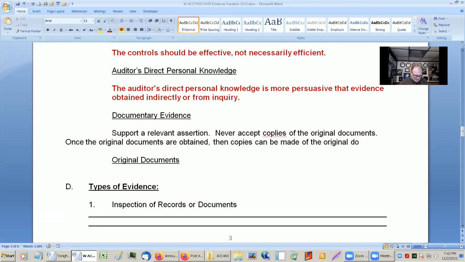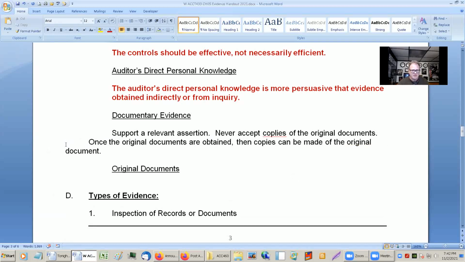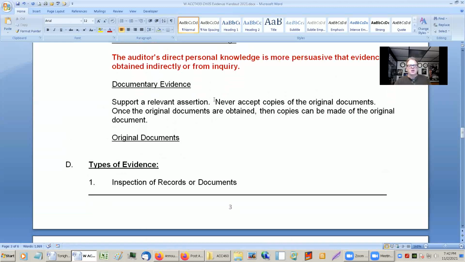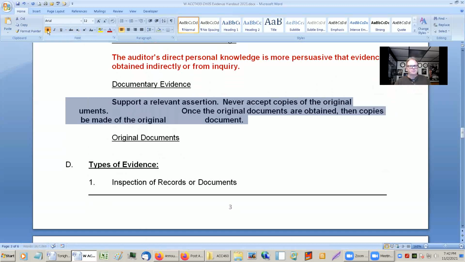This is a terrible sentence. And feel free to clean this up however you need to make it make sense. So when you're looking at documents, oh boy, I messed it up.